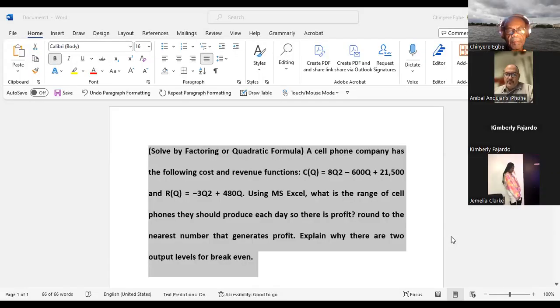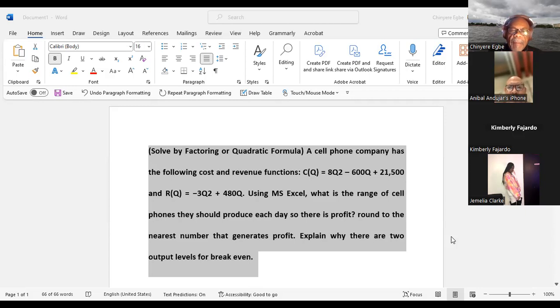Okay, so can you see the problem? Yes, Professor. All right, so this is a problem that easily can be subjected to a quadratic solution.